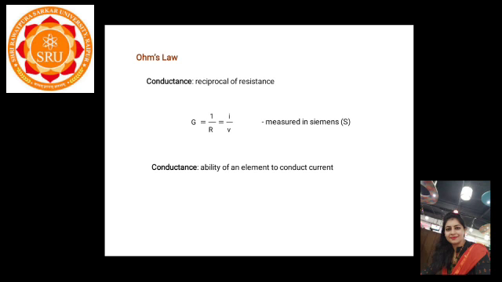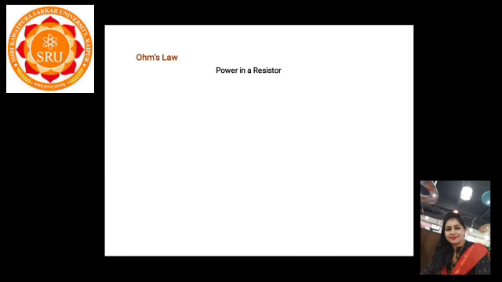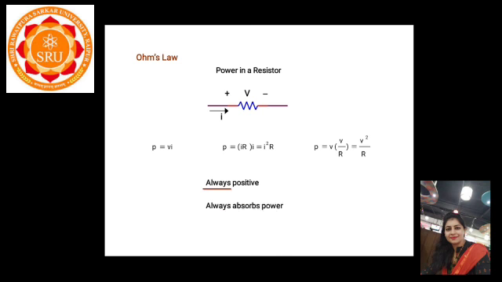Conductance is the ability of an element to conduct current. Power in a resistor, as we know, P equals VI. So with V equals IR, P equals I square R, as well as P equals V square upon R. Power is always positive.